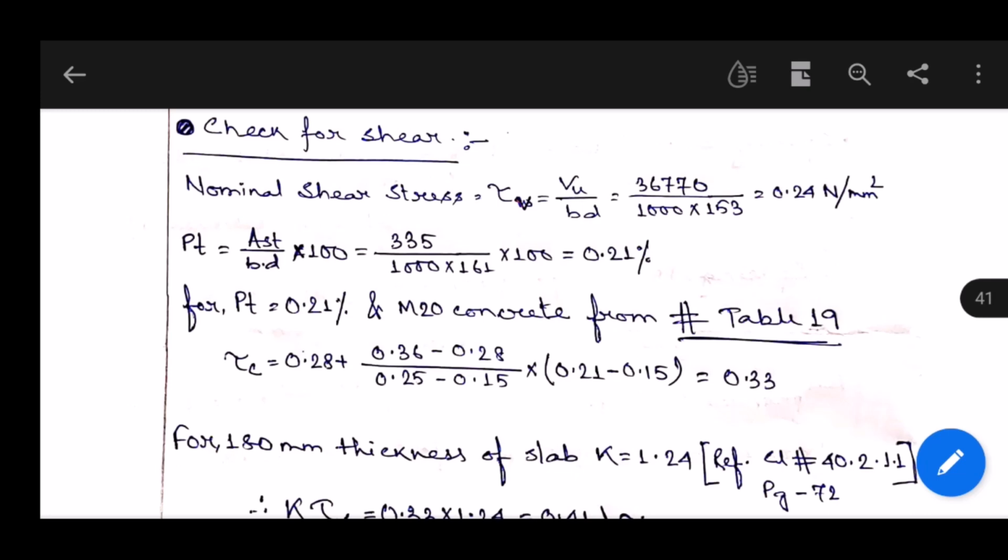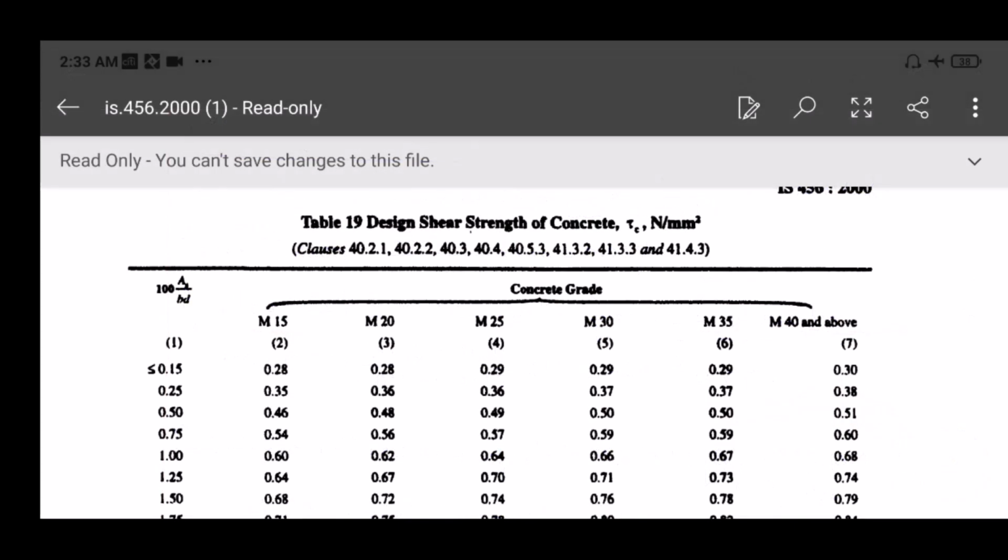Now for percentage of steel 0.21% and M20 grade concrete, we have to find out the value of tau C from table number 19 of IS 456 2000. So let's check table number 19. Design shear strength of concrete, tau C, in unit Newton per mm square.